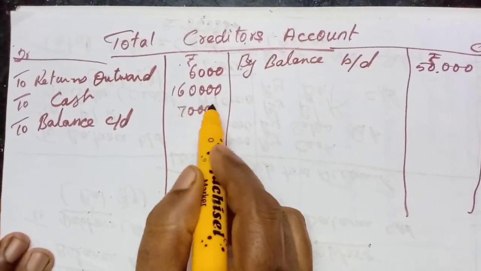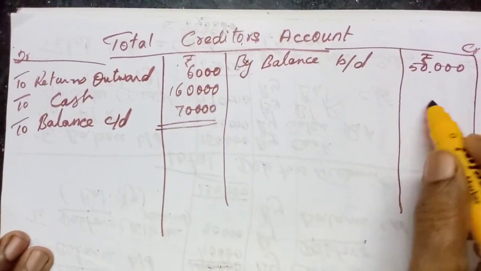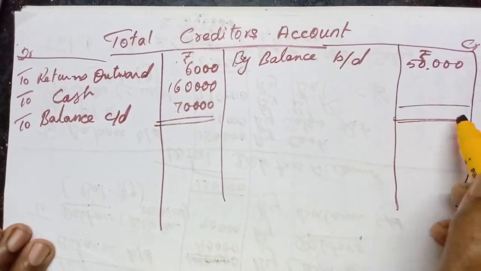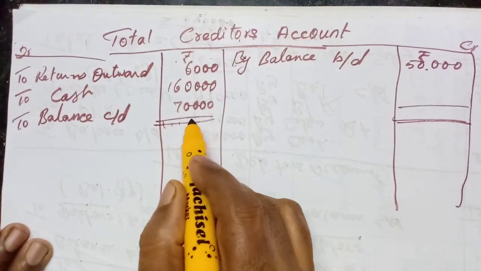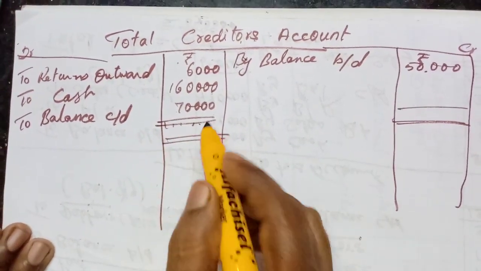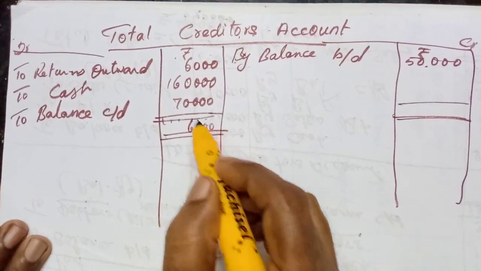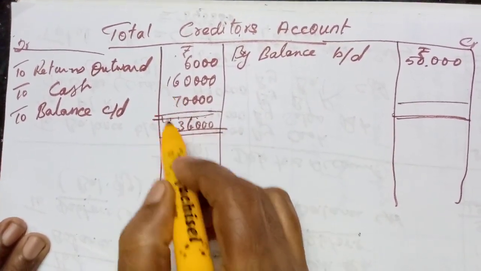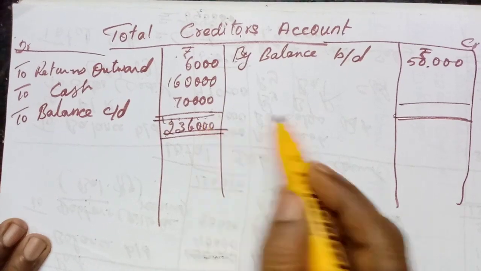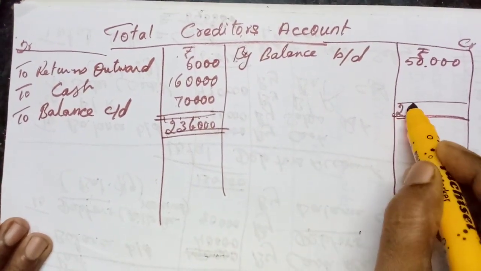Now we should balance this total creditors account. Total amount, one line only, then a double line. The total comes to 2,36,000. Write the same amount here also.